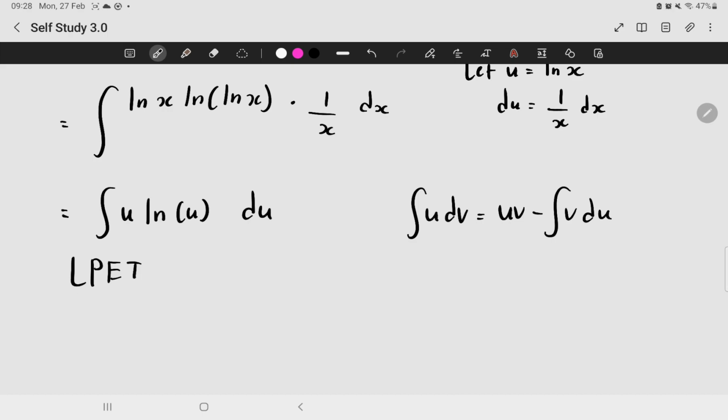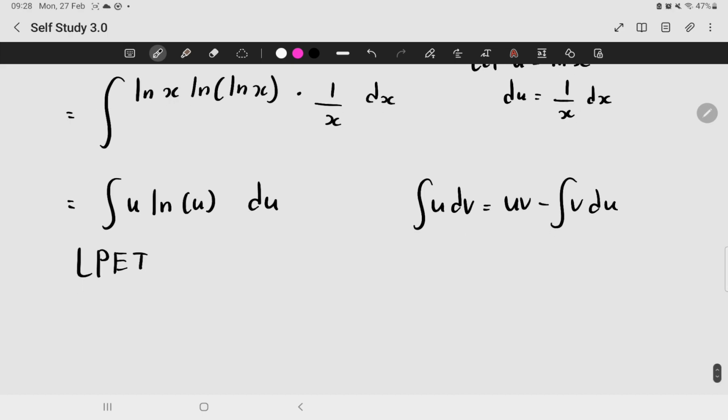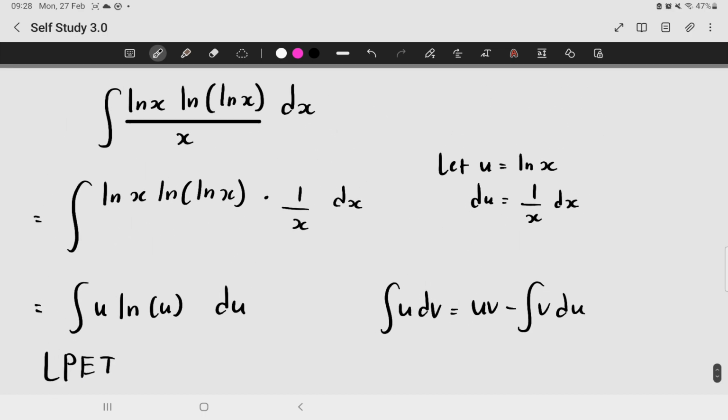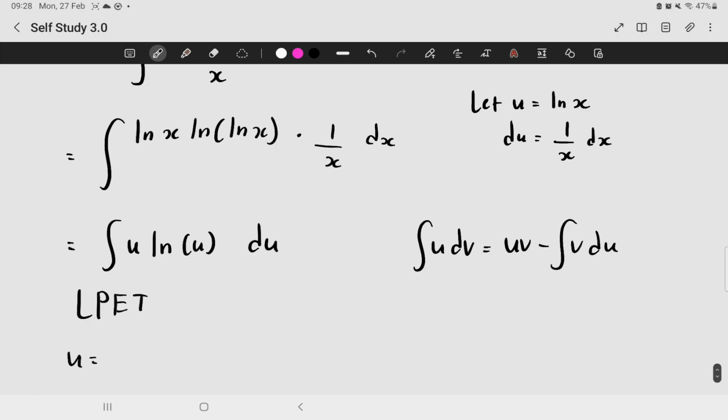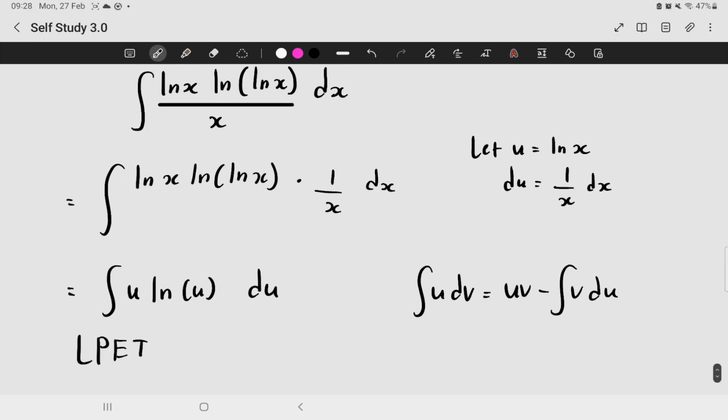Okay, now all we have to do is just find our v and du, etc. So it will be u is equal to, wait, I realize that it's not suitable to use u because it would confuse. So let me change a bit. I want to make this as p. Well, it's the same thing as long as you substitute it correctly.